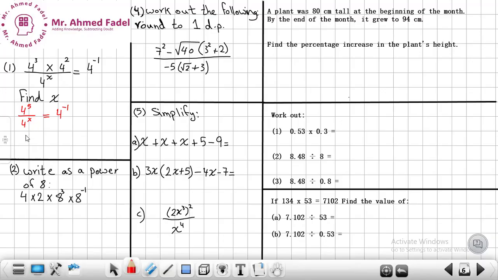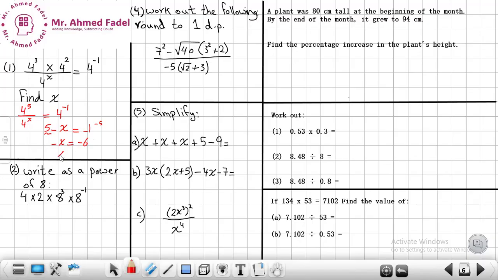You can say 5 minus x equals negative 1. You can do it this way, algebra. Then you send the positive 5 to the other side, negative 5. So I'm going to have negative x left equals, you send the 5 there, negative 5, so it becomes negative 6.